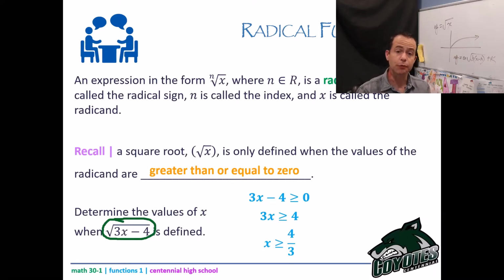If you grab your graphing calculator and put into y1 the root of 3x minus 4, you'll notice this graph starts at 4 over 3 and heads to the right instead of starting at 0 and heading to the right. Awesome.